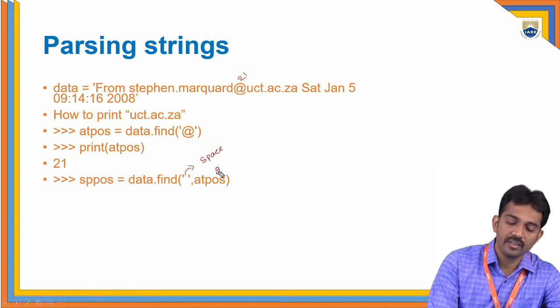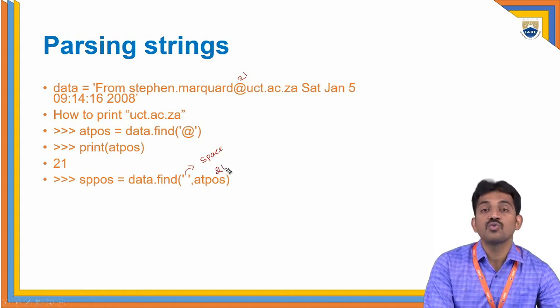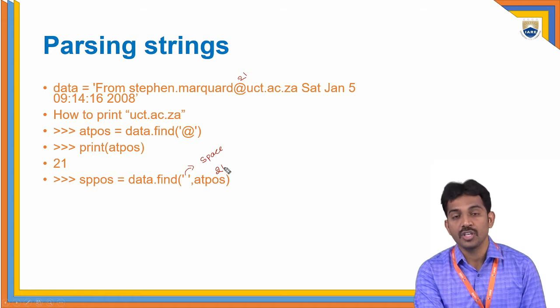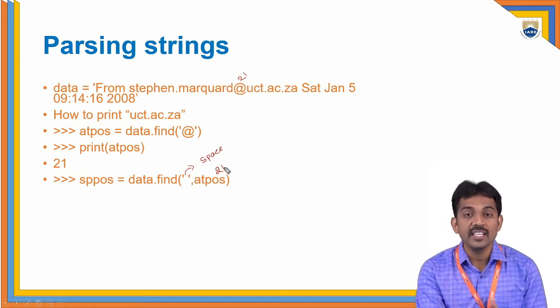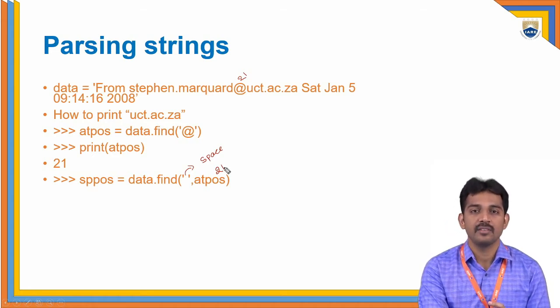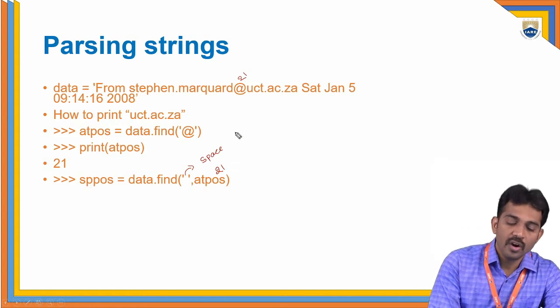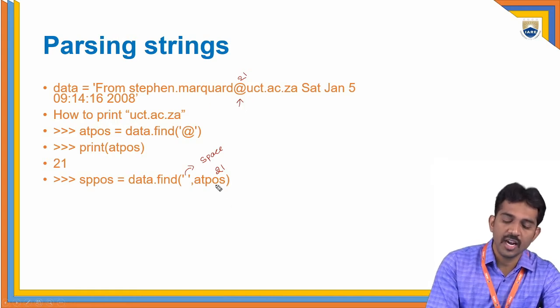After position 21. The interpreter is going to check for the space from here, not from here. If you mention at pos, meaning 21, it starts from the at, from here it is going to find where the space is.